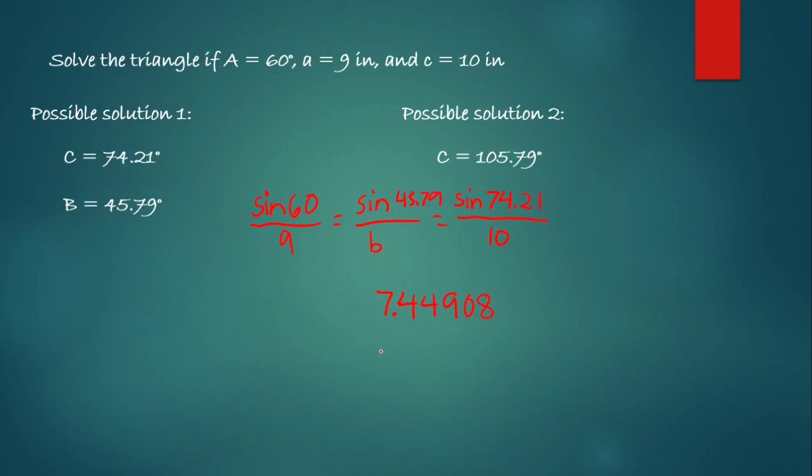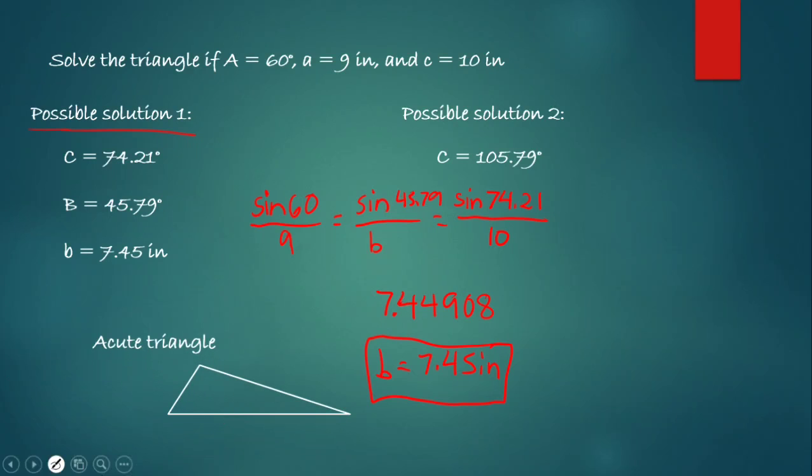Round it off, we get B equals 7.45. So now we're done with the first possible solution, and we can say for sure that this results to an acute triangle.